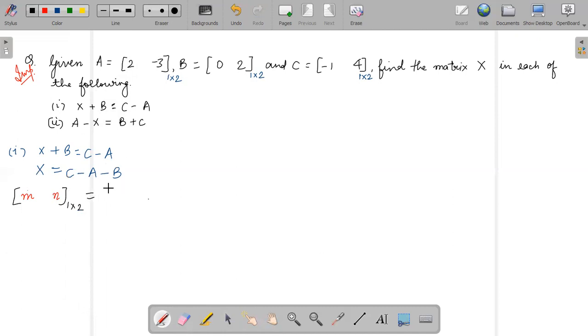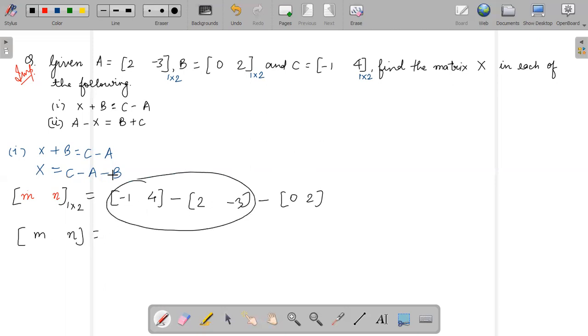Now this matrix is C, which is minus 1 4, then minus A is 2 minus 3, ठीक है, and then minus B, तो हमने यहाँ B भी लिख दिया, minus B is this one 0 2. Now simply solve this further. तो हम पहले इन दोनों को सॉल्व करते हैं, फिर हम 0 2 को भी कर लेंगे, या एक साथ भी कर सकते हैं, कोई प्रॉब्लम नहीं है.